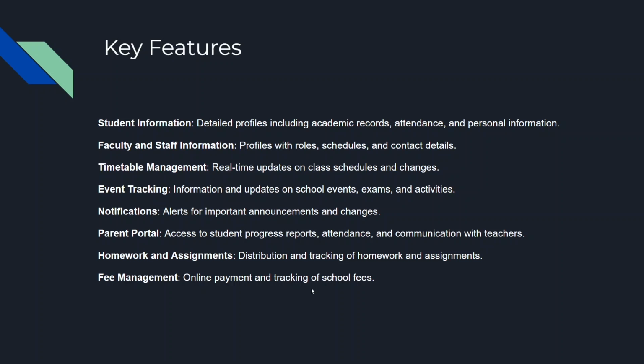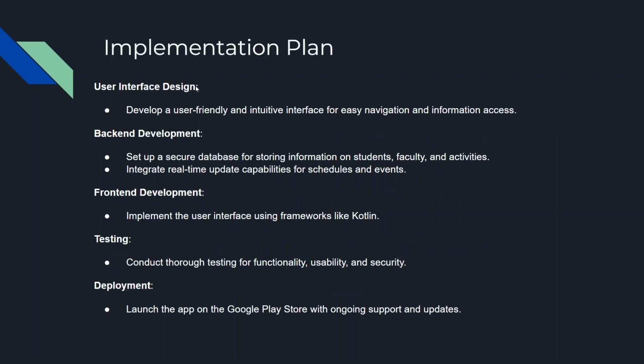So let's move to the implementation plan, how we are going to implement it. First we are going to implement the user interface design, developing a user friendly and intuitive interface for easy navigation and information access. Second, we are going to create the backend. For the backend, we need to set up a secure database for storing the information of students, faculty and activities. Thirdly, we are going to integrate real-time updates and the capability of scheduling events and other tasks.